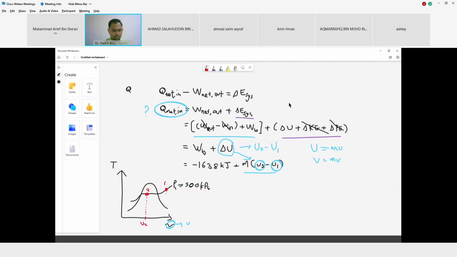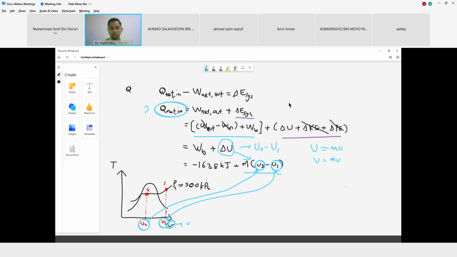Yang ini pula dapatkan U1. So from here barulah kamu masukkan nilai yang ini ke sini dan dapatkan nilai U1 masukkan ke sini.